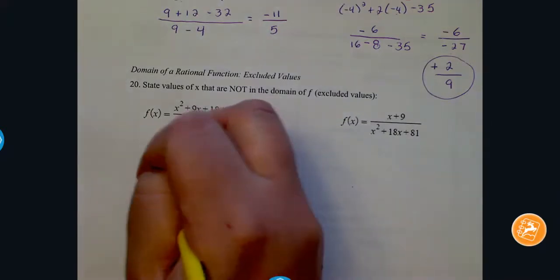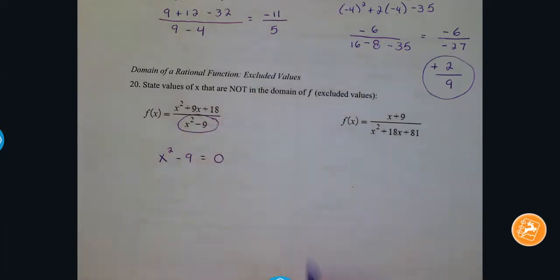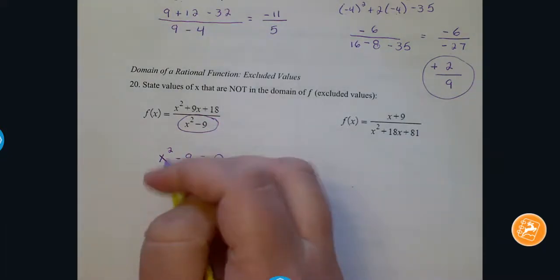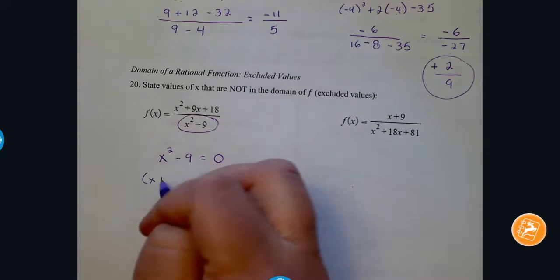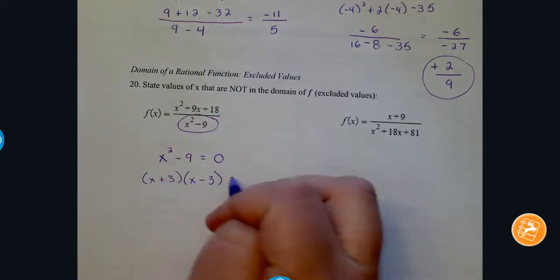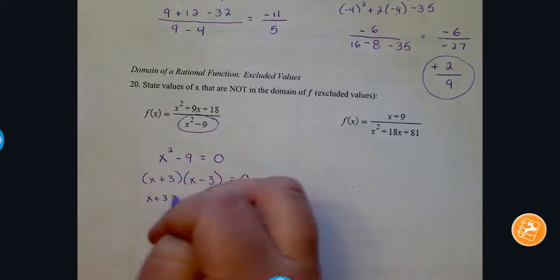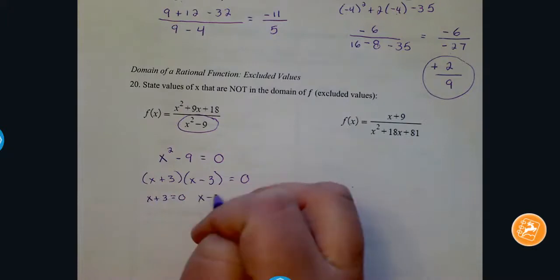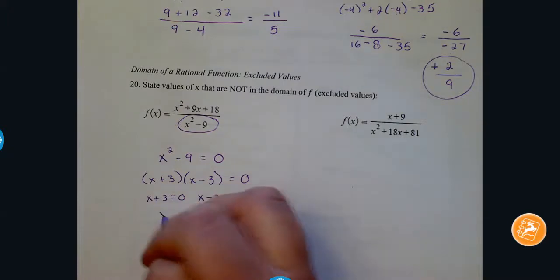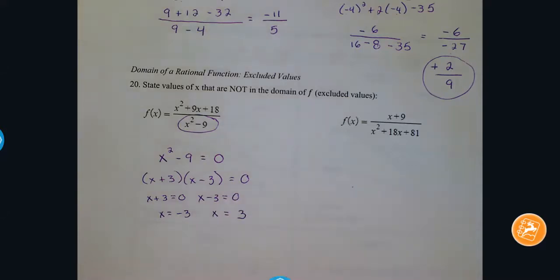So we want to figure out, when does x squared minus 9 equal 0? We have to factor it. X squared minus 9 becomes x plus 3 times x minus 3 equals 0. And if we apply the zero product property, like we've done so many times before, we have x equals negative 3 and x equals 3.